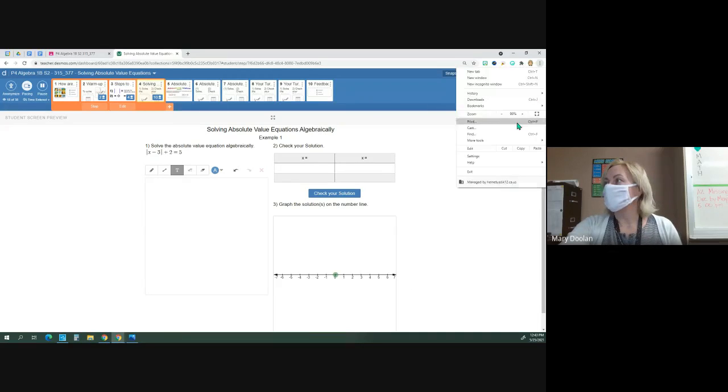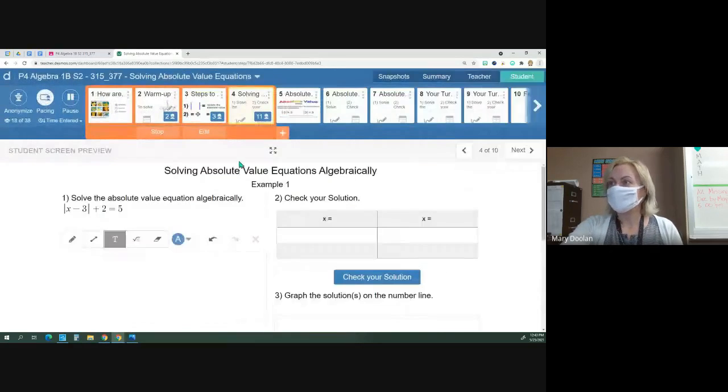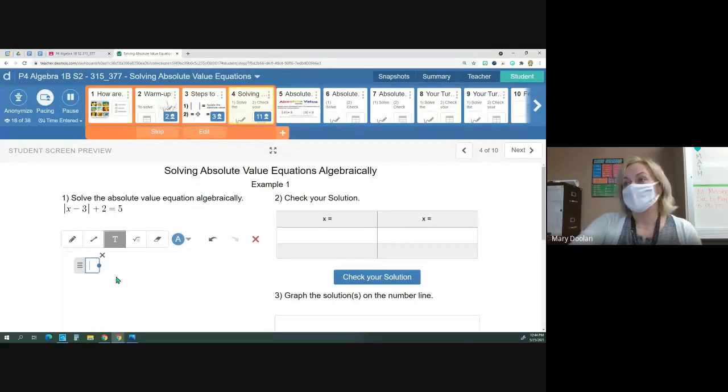All right, let me zoom in. So you can highlight and copy, and then click in here, and I think paste. Oh, yeah, that didn't work very well. Nope, can't. So that does some type of weird coding thing. So you have to actually just type this in. So we have the absolute value of x minus 3, and I'm going to add in after I type it, plus 2 equals 5.